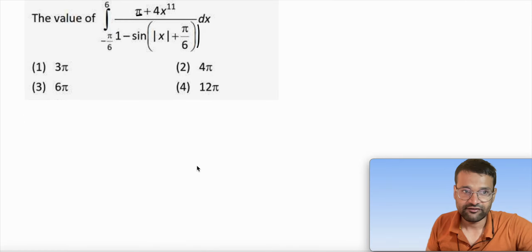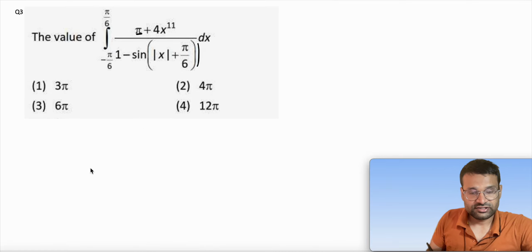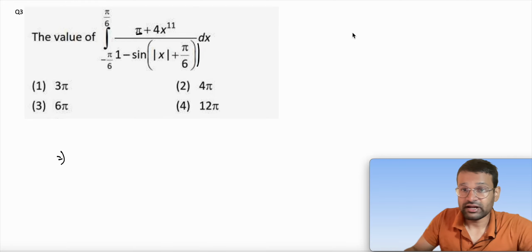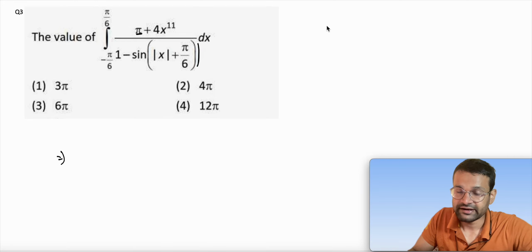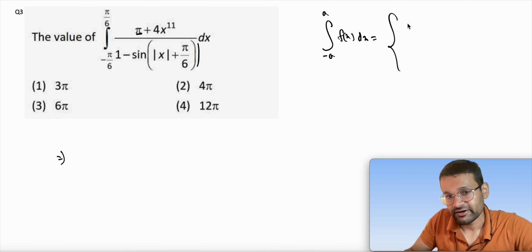The next question is again from definite integration. Before solving this question, I told you a fact: if we integrate from minus a to a of f(x) dx, then two possibilities come.